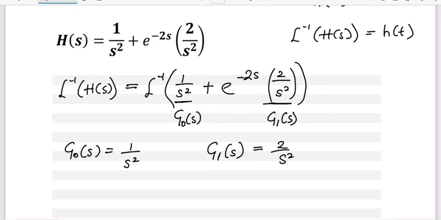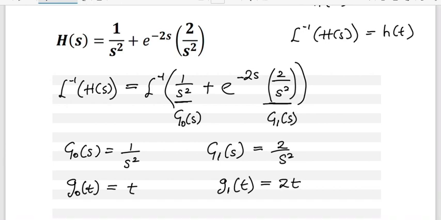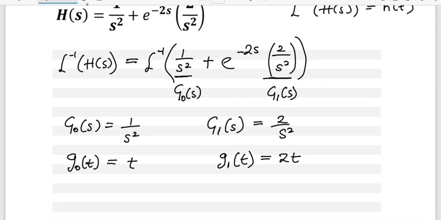If that be the case, then our g naught(t), which is the inverse of this, will give us t, and then our g1(t), which is the inverse of G1(s), will give us 2t. Here our g1(t minus tau) will give us 2 times (t minus tau).